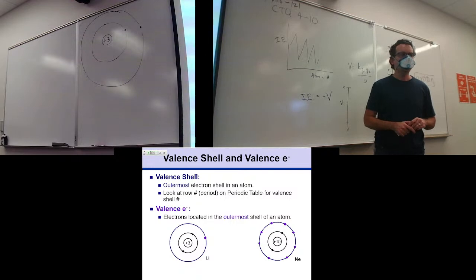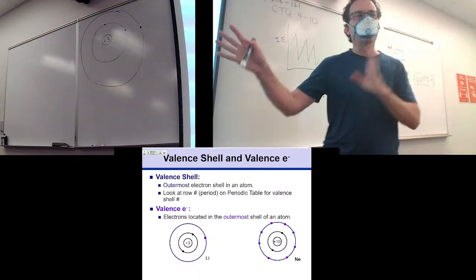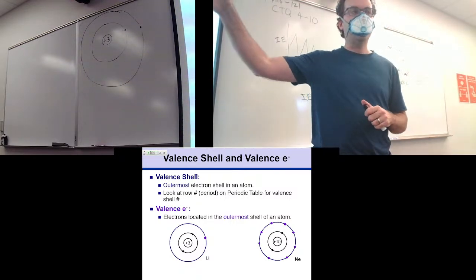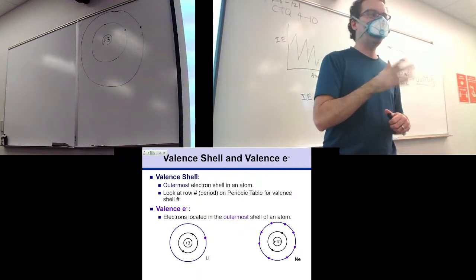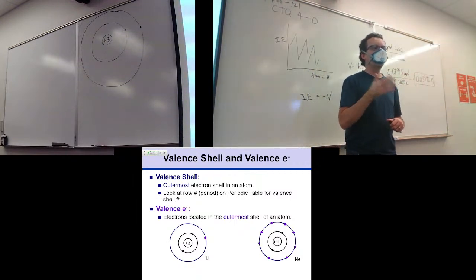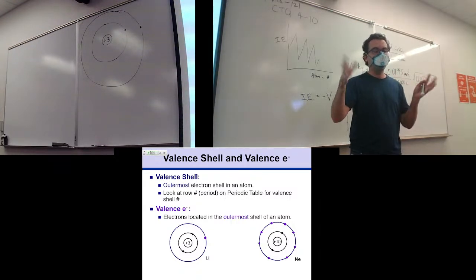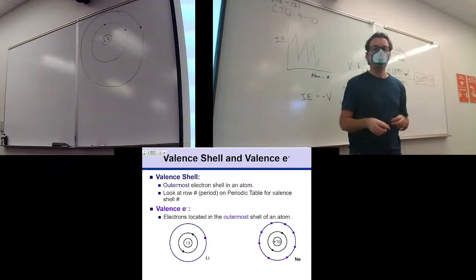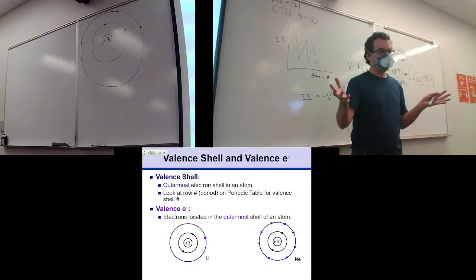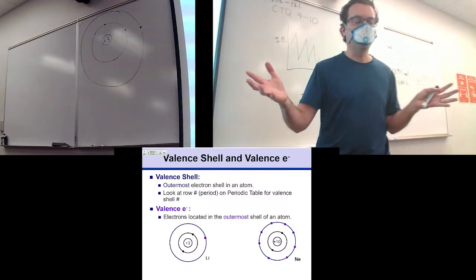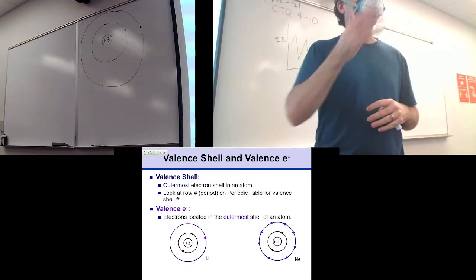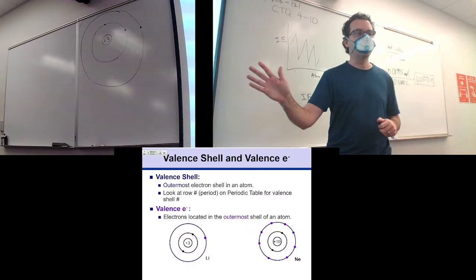Kind of. We're going to get to it. The valence electrons are very deeply tied into the reactivity. So we will eventually learn something called the octet rule. Most elements like to have 8 electrons in their valence shell, and if they don't, they will somehow get them, and that's what causes reactions to happen. We'll get to that. But yes, the valence electrons are the most important electrons in an atom.